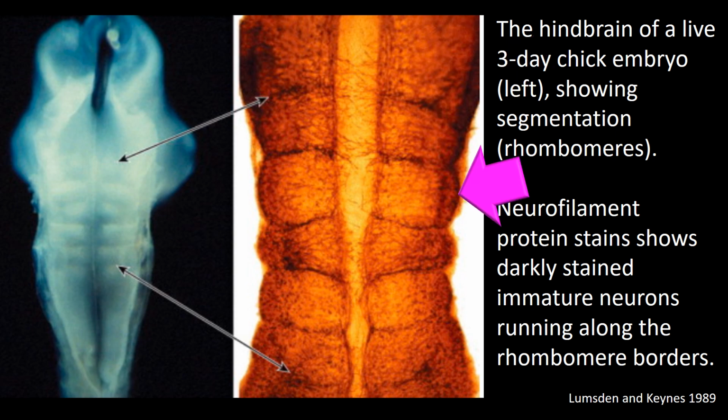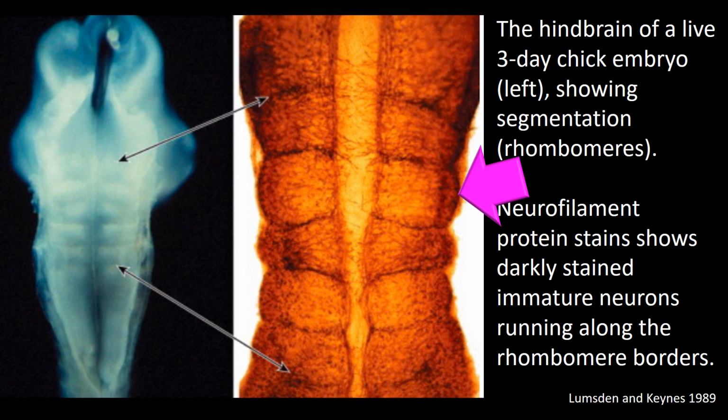Each of these segments is called a rhombomere. The word rhombomere comes from the joining of two words: rhombo, reflecting the embryonic region involved, the rhombencephalon, and the word mere, from the Greek word for parts.